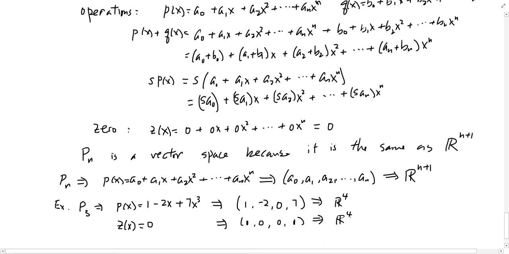Interesting. So the next time you have to add or scalar multiply polynomials, instead of doing them as polynomials, you can just think of them as vectors in R^n and do it that way. You'll get the same result. The other thing you have to do is think back as to how the vectors turn into polynomials.